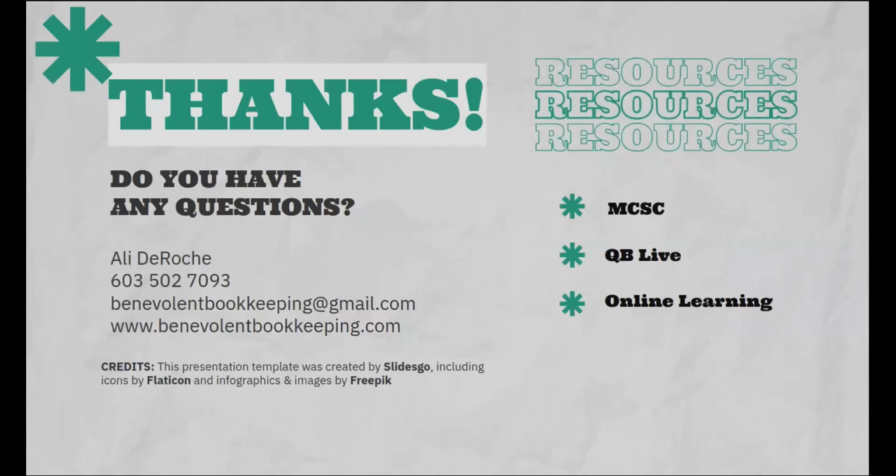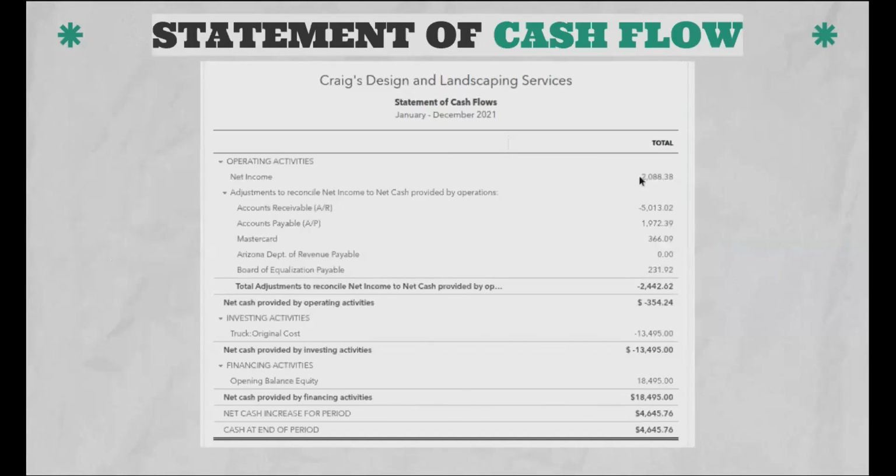And so you've got your net income, and then these were some adjustments, right? So it looks like, okay, accounts receivable, right? So money that is owed to us, it looks like $5,000 is owed to us, but hasn't hit the account yet, right?